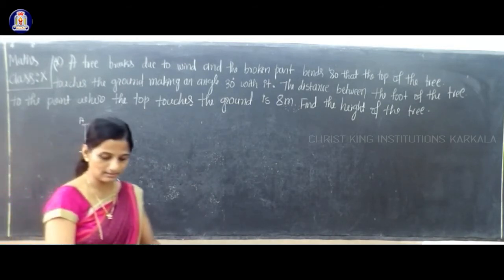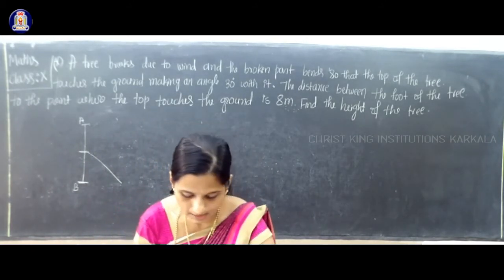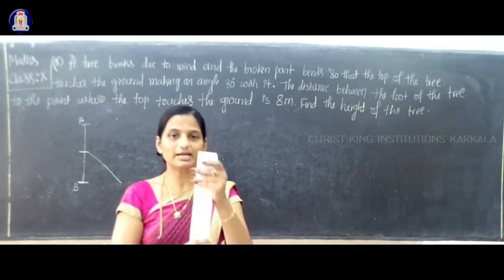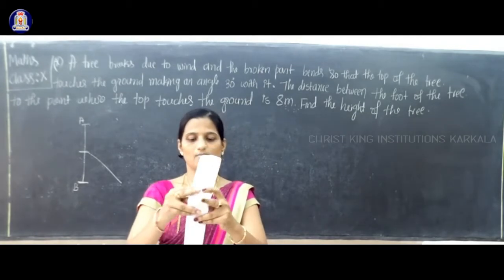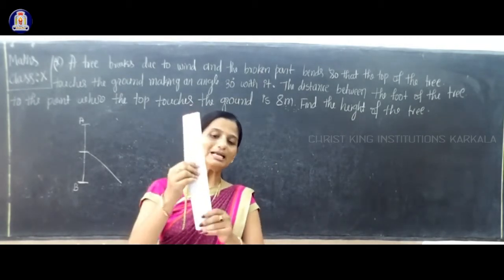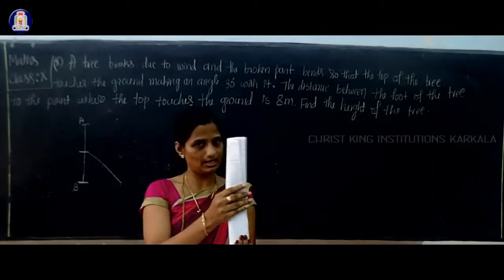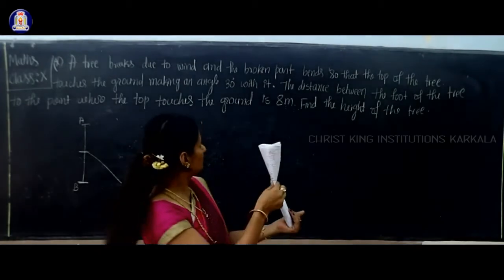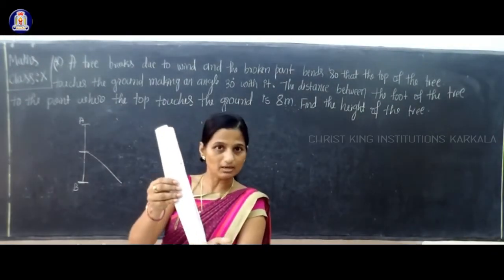Try to imagine. Assume that this is the tree. Initially the tree is like this, correct no? Due to wind it breaks, so that the top of the tree does not completely break down.